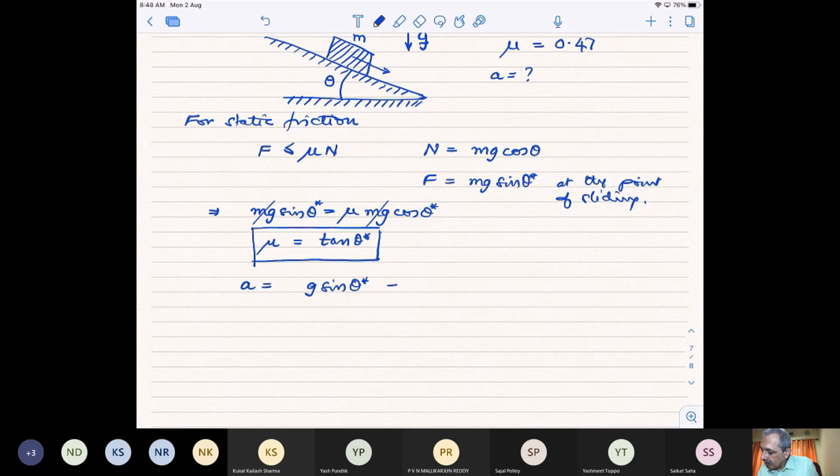Now in that case, it just simply becomes, instead of mu, it is mu d into g cos of theta star.